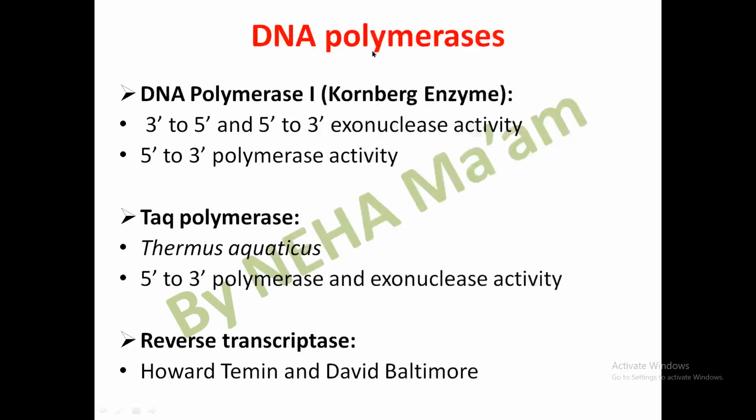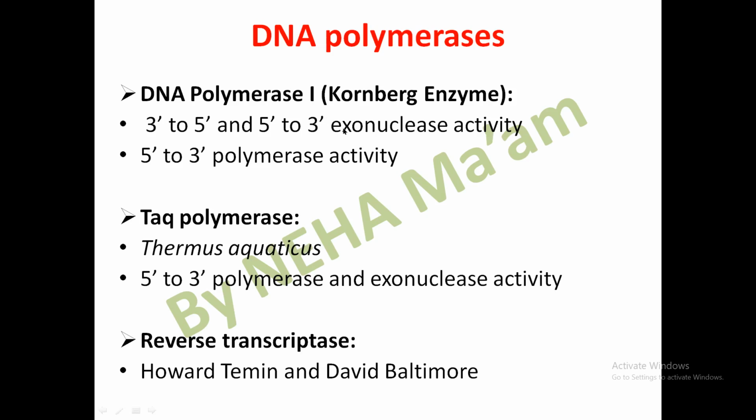Now, the DNA polymerases are of various types. First one is DNA polymerase 1, which is also known as Kornberg enzyme after its discovery by the scientist Kornberg. Now, this enzyme has two activities. First is 3' to 5' exonuclease activity, and another one is 5' to 3' exonuclease activity.